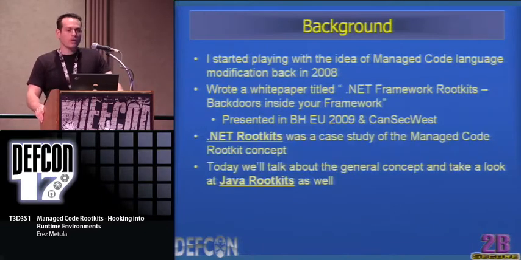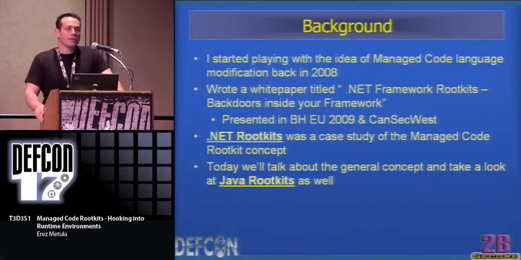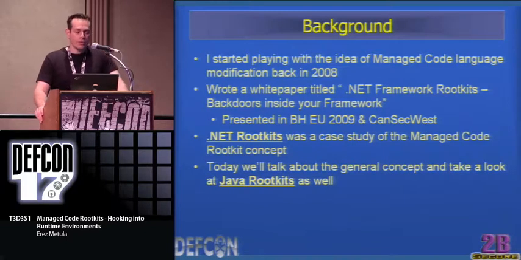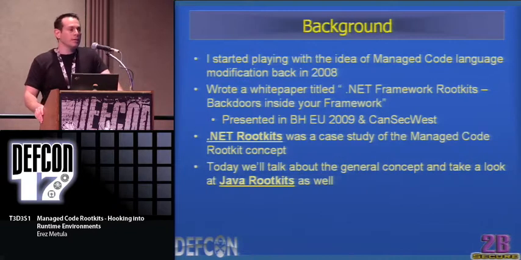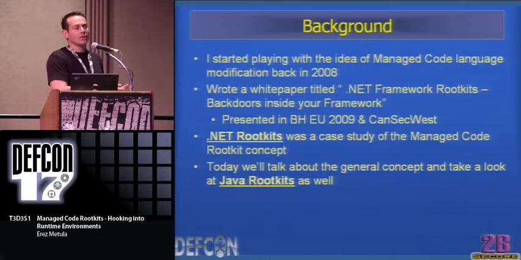So what is managed code? Managed code is code that runs and executes under the management of an application-level virtual machine, for example the Java JVM or the .NET CLR. Think of it as an operating system for applications. So this is another language we are talking about.